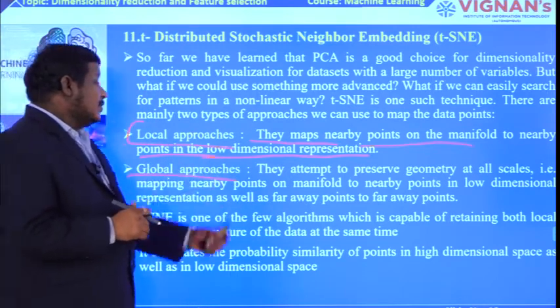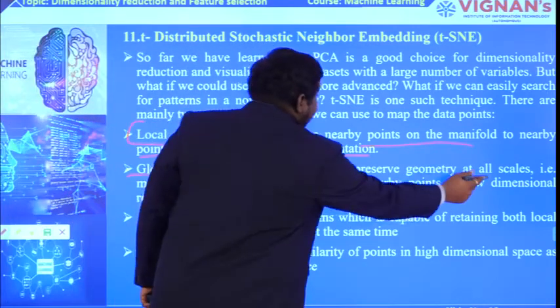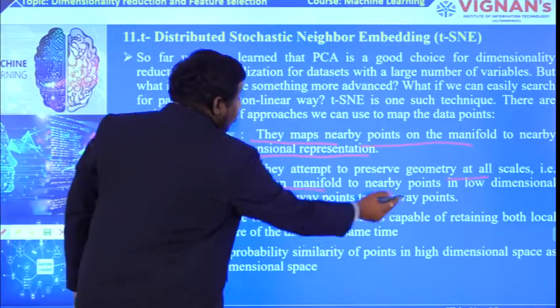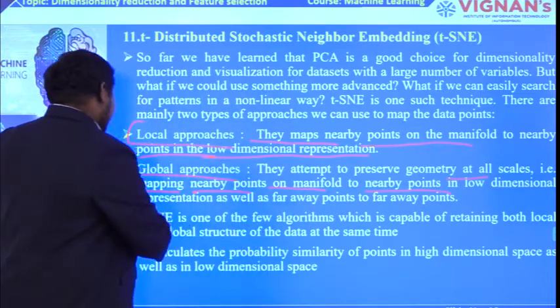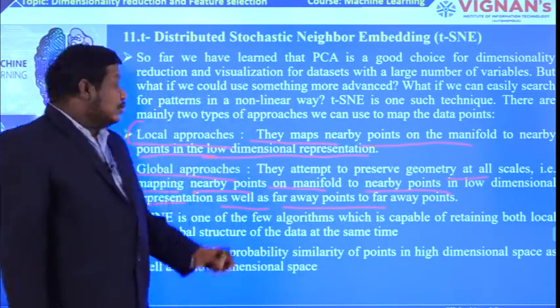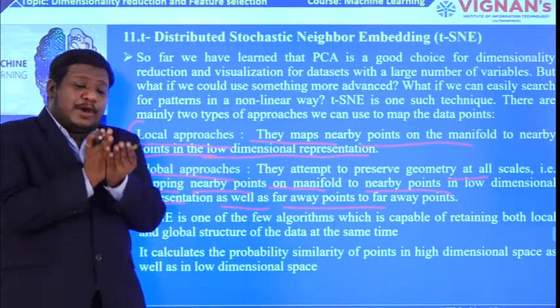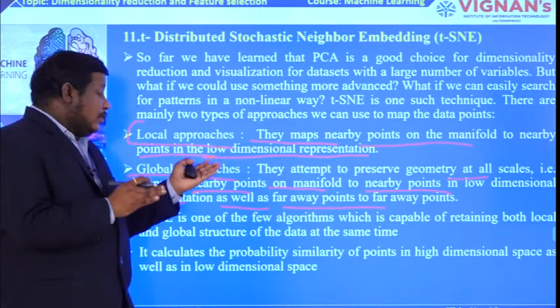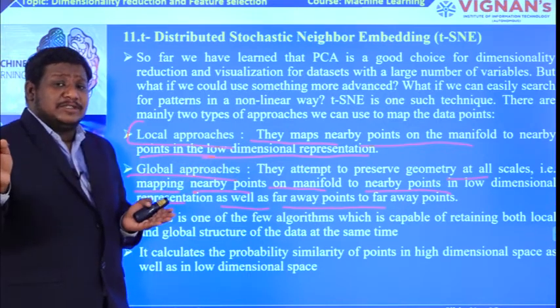Similarly, global approaches attempt to preserve the geometry at all scales, that is mapping nearby points on the manifold to nearby points on the low dimensional representation, as well as far away points to far away points. So, in local approaches we are considering the points which are near to each other, and we represent them in the lower dimension space.